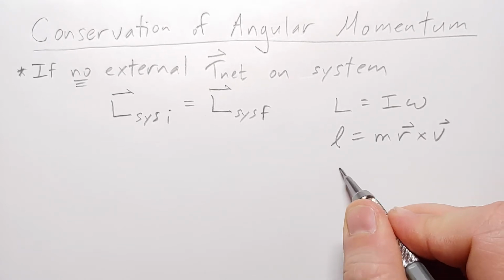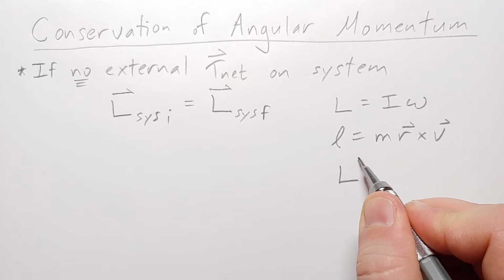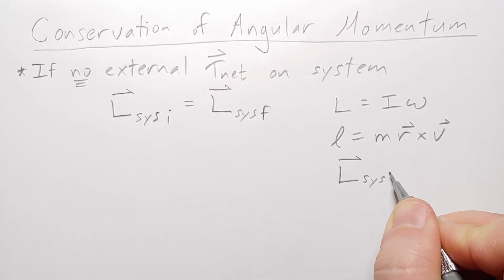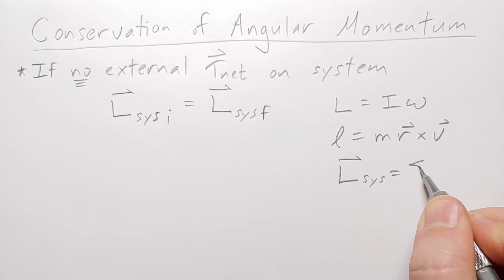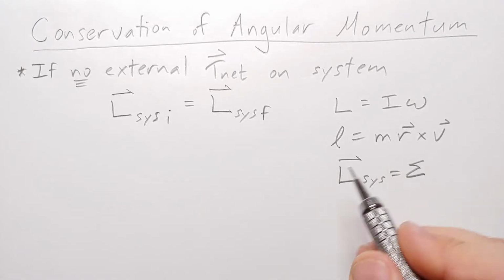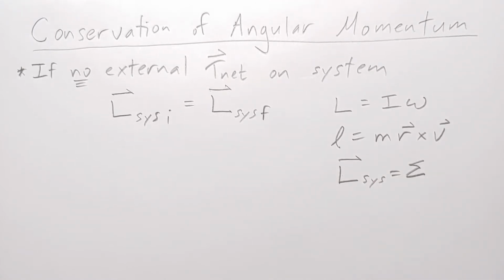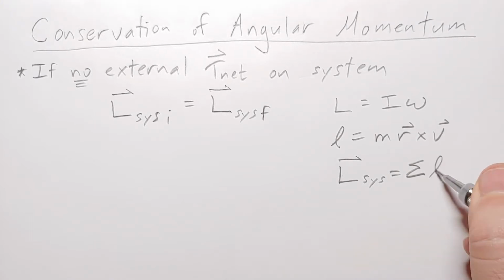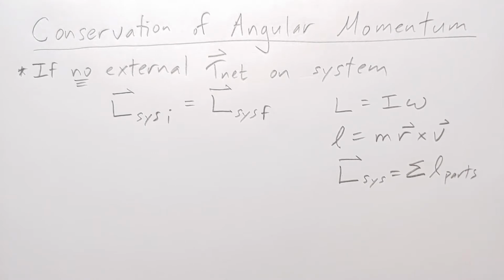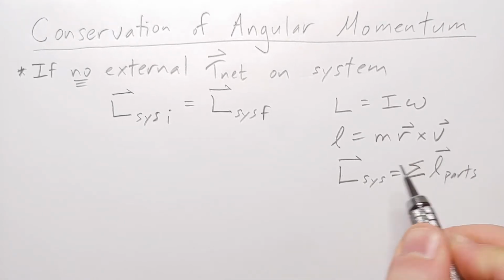And also we talked about that the angular momentum of a system is just equal to the sum of the angular momentums of the parts. Whether you think of them as little l's or big L's, when you add them all together, you're going to get the total angular momentum of our system.